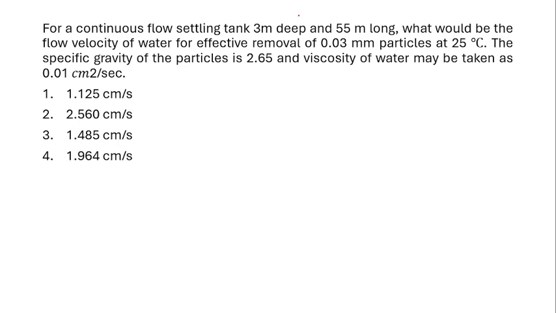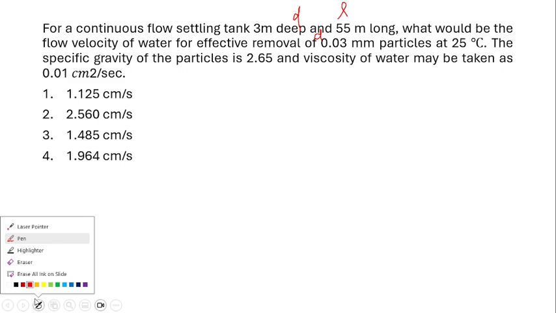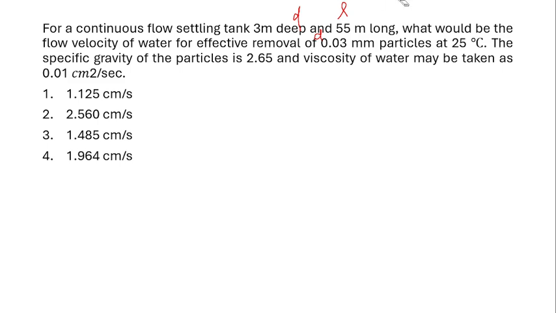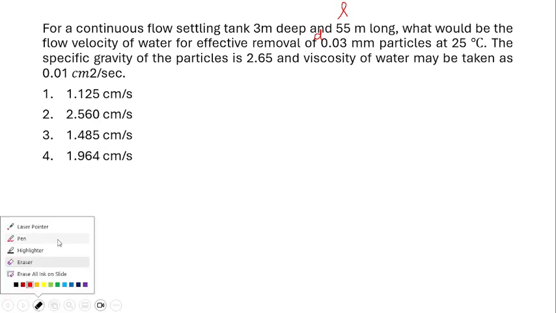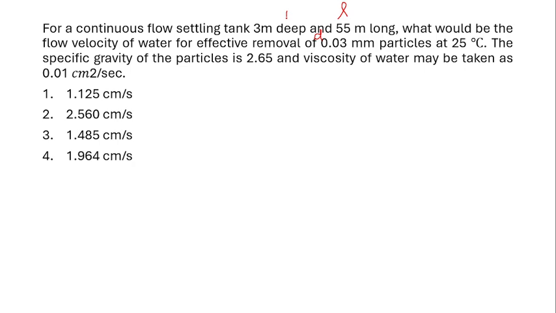So the depth is D. The depth D is given as 3 meter and the length L is given as 55 meter and the size of the particle, the diameter of the particle. So you can see the depth as height. Here keep it as H. So diameter is given as 0.03 mm. It is in millimeter.